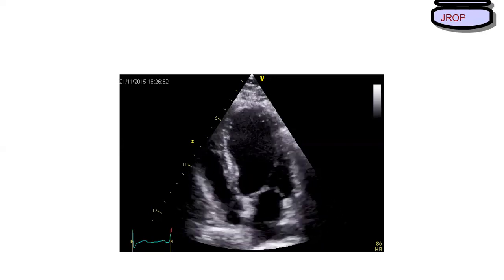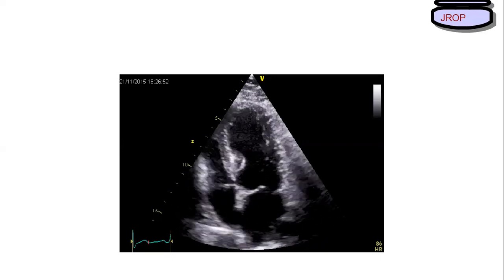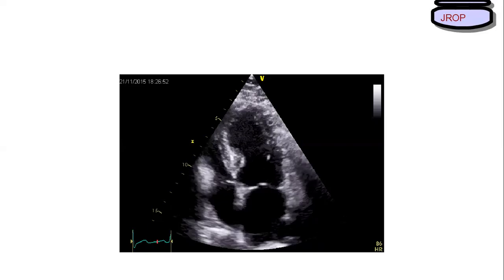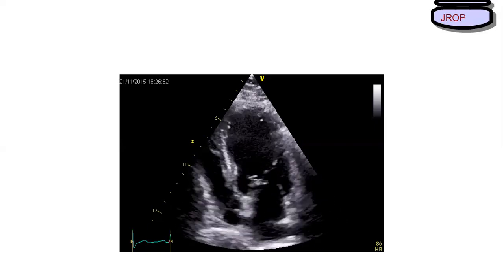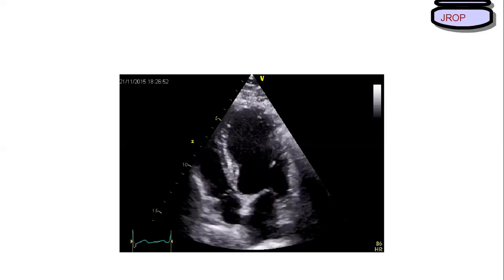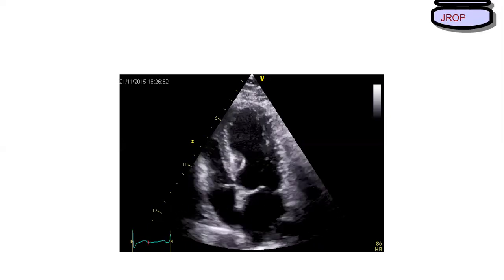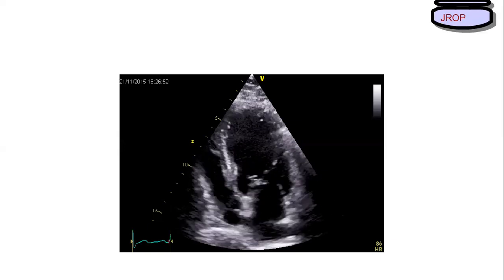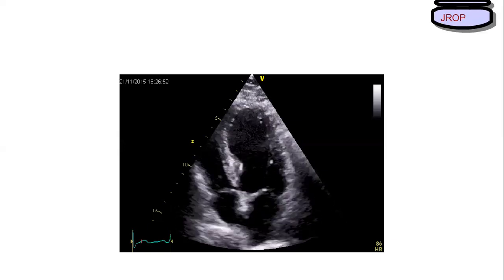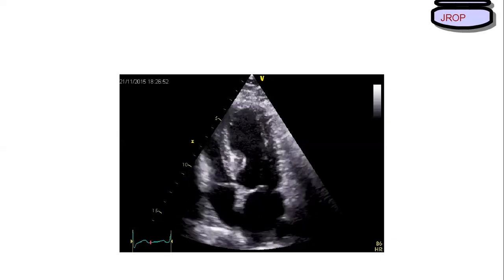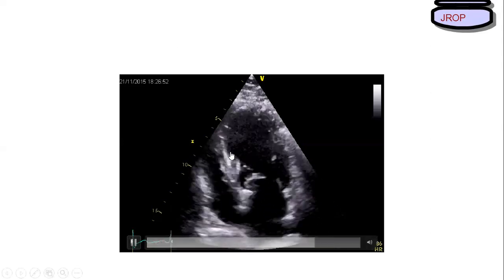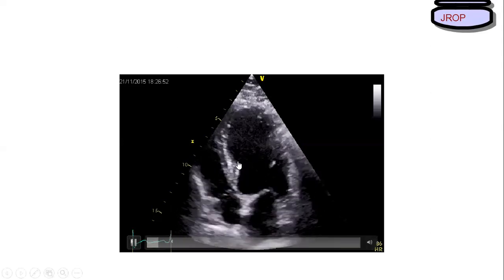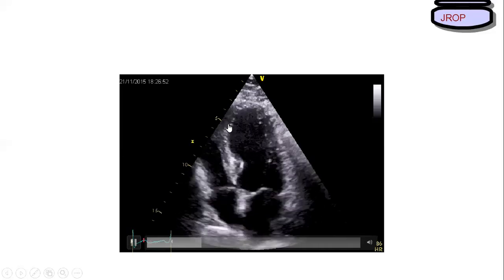Now tell me, what is this? This is obstructive cardiomyopathy. Wall motions: because septal basal segments are hypertrophic. This is hypertrophic. From here onwards, this is all akinetic.